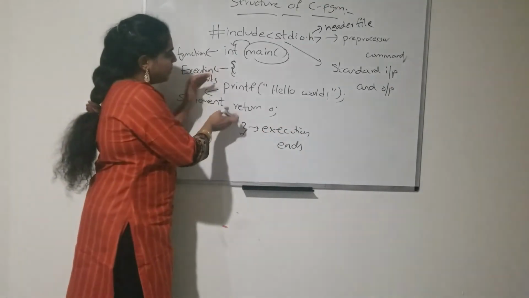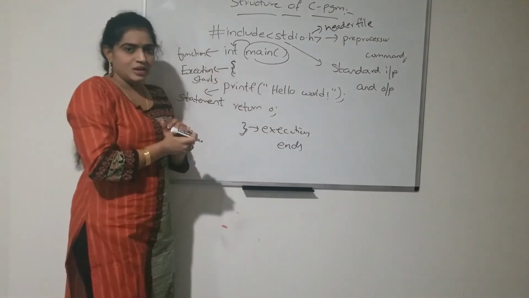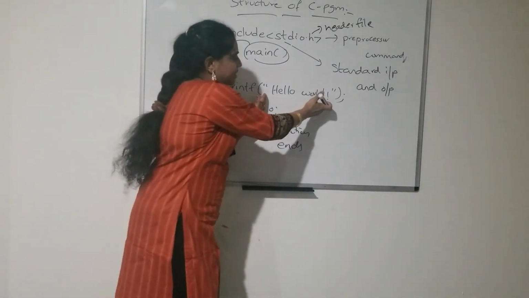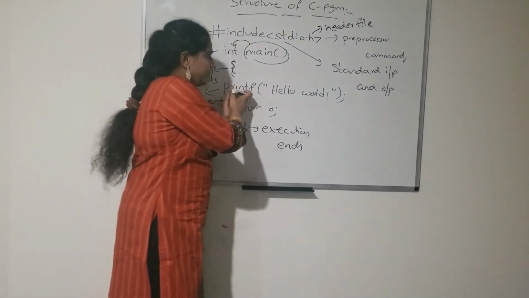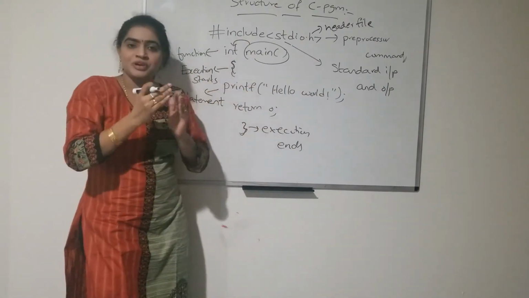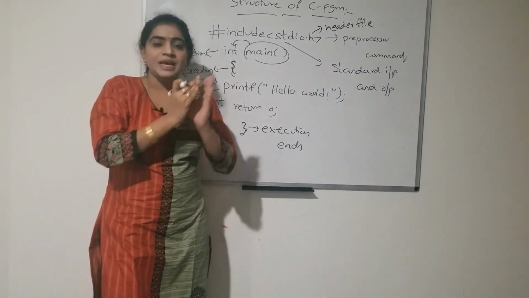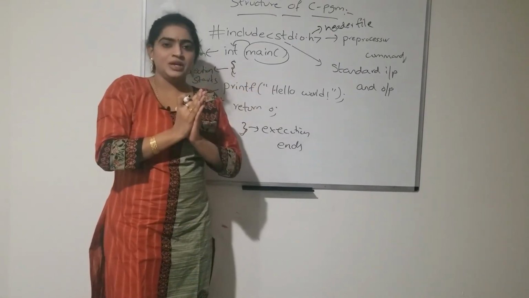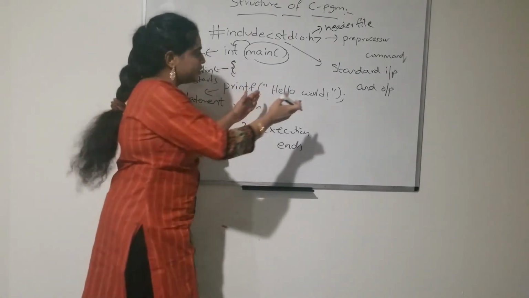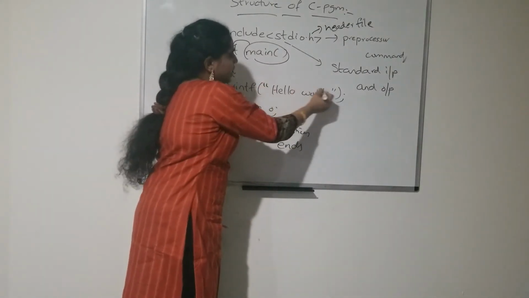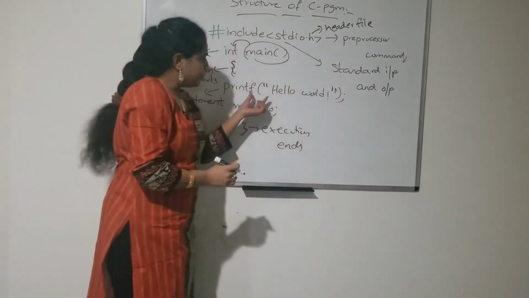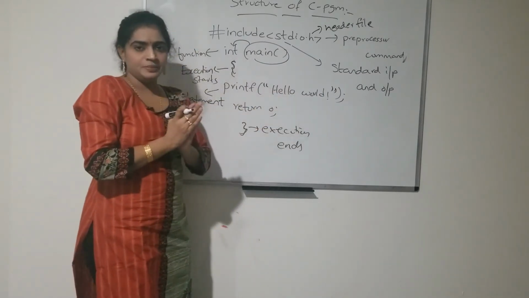Here I am writing a printf statement. Here I have taken one string, hello world. Printf is an output function which is used to display values on the output screen. Here the value is a string. How do you know it is a string? Because I have enclosed it with double quotations. Here I am going to print a message, hello world.